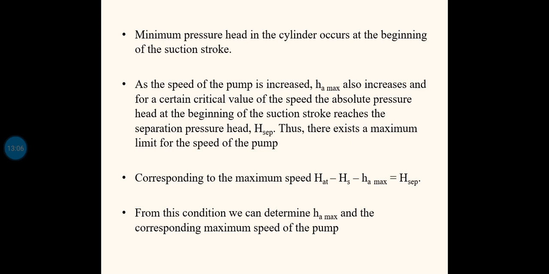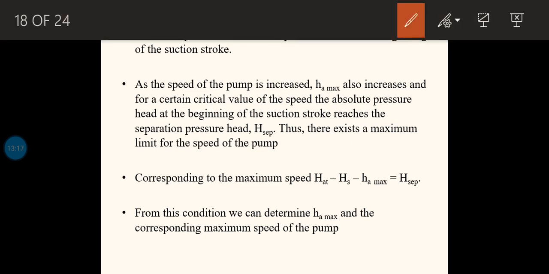At the suction stroke, the minimum pressure head is at the beginning of the suction stroke, that is HATM minus HS minus HAS max. This was the minimum pressure head inside the cylinder during the suction stroke, at the starting of the suction. That is equal to H suppression. From this equation, we can find out the maximum value of the HAS.